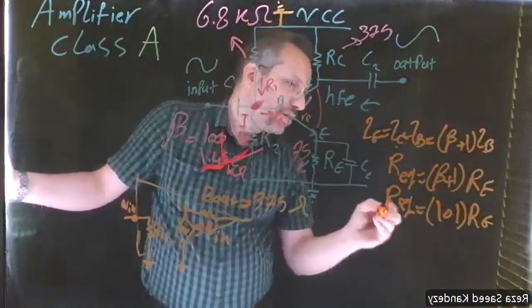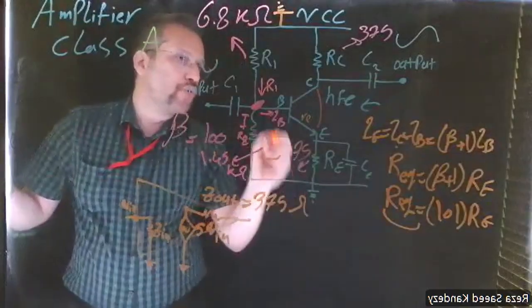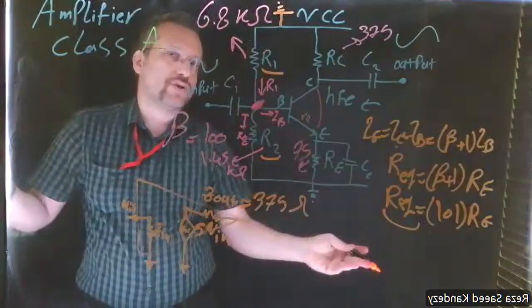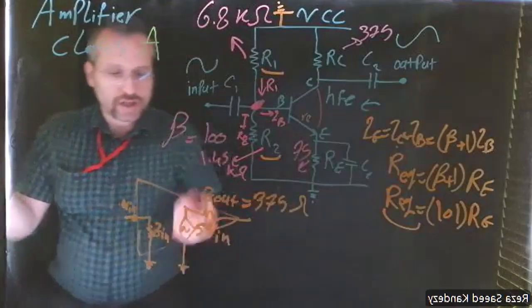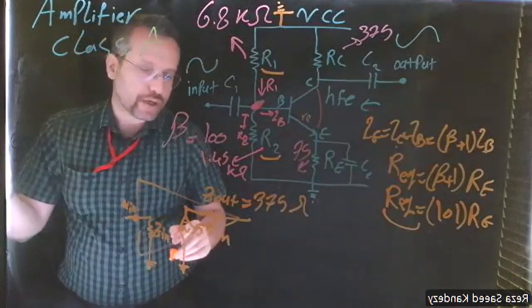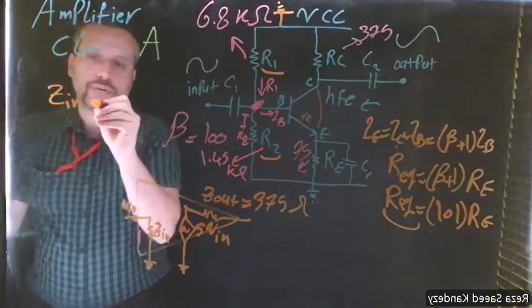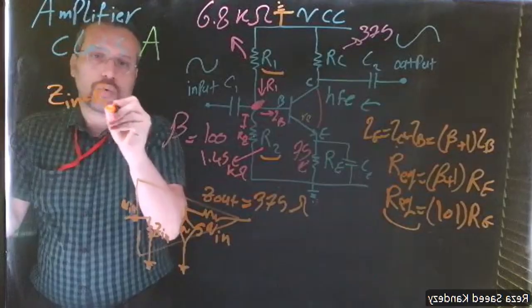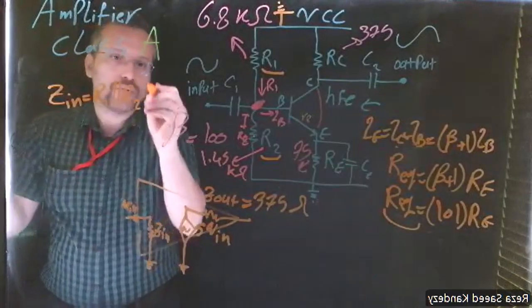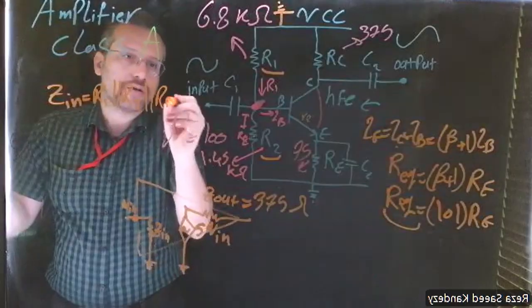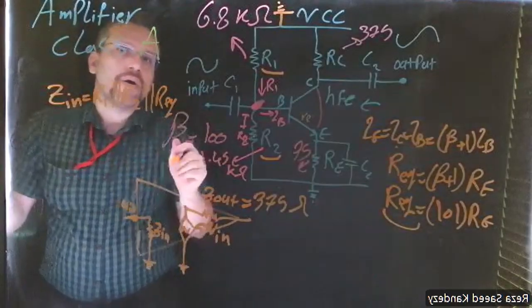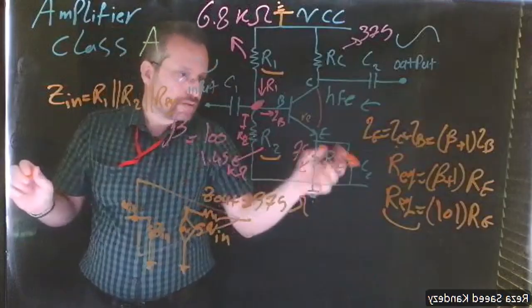So now, R1, R2 and R equivalent are parallel with each other. So the Z of input will be equal to R1 parallel with R2 parallel with R equivalent. Now, it's not easy to calculate.